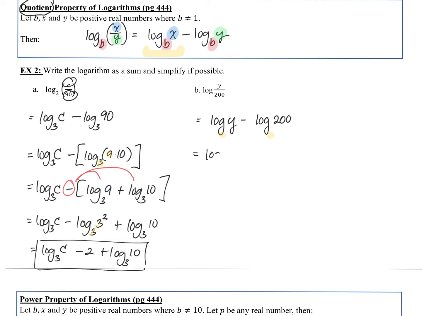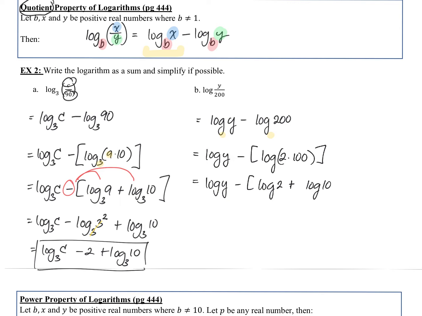Well, I cannot simplify the log of y, but looking at the 200, I can rewrite that as 10s. That'll be log base 10 of 2 times 100. Similar type of concept going on here. Then we have the log base 10 of 2, plus we switched from the multiplication in the argument to the addition of two different logarithms using the rule before.